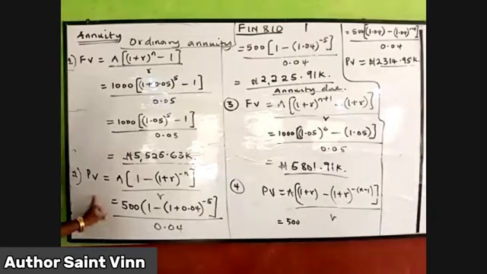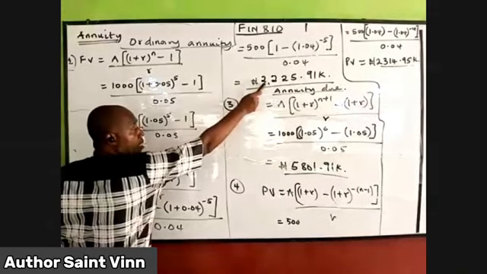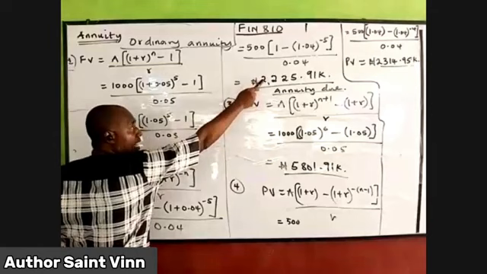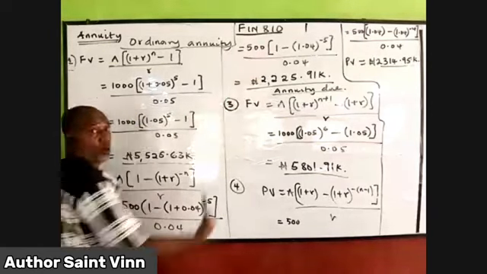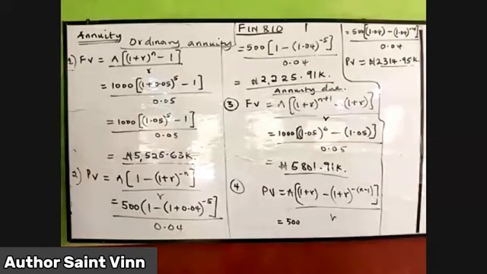Now, this one is present value of ordinary annuity. So to get annuity due, multiply this also by 1 plus r. So moving forward, that's it. Is that okay? There's nothing difficult.